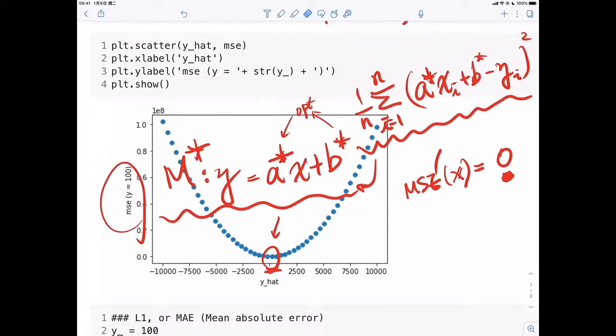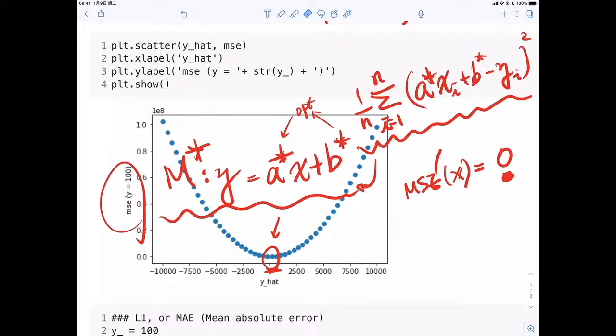You can apply those data in this formula, and you can always find the best A star and B star to make this MSE value the smallest one. So it is an optimized A star and B star, and that is the optimized M star, which is the best model.